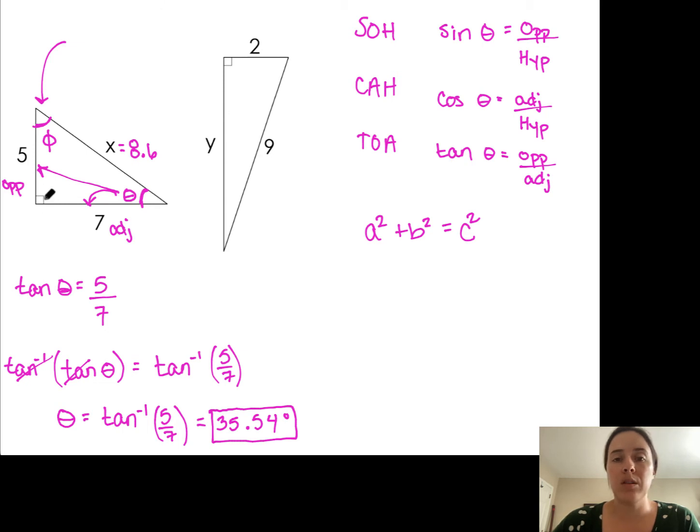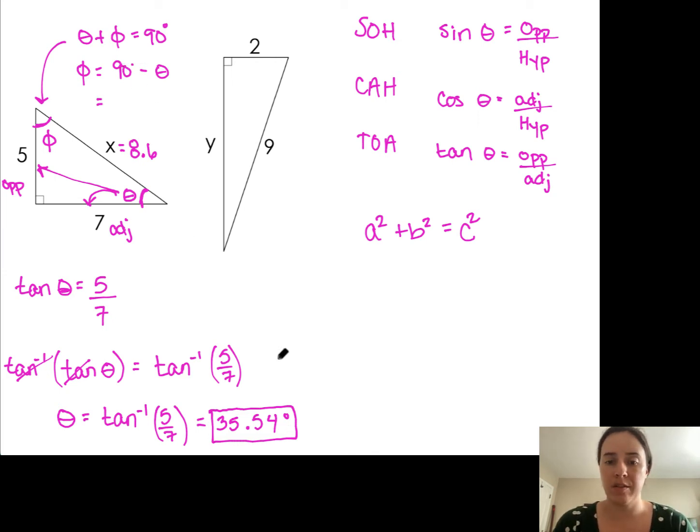So if one of our angles is 90, that means theta plus phi is equal to 90 degrees. So phi is going to be 90 minus theta. Well, theta we just found out was 35.54. So 90 minus 35.54 is 54.46 degrees.